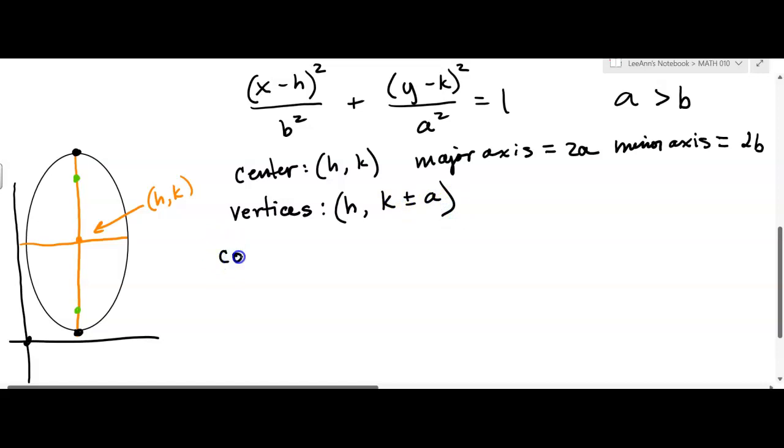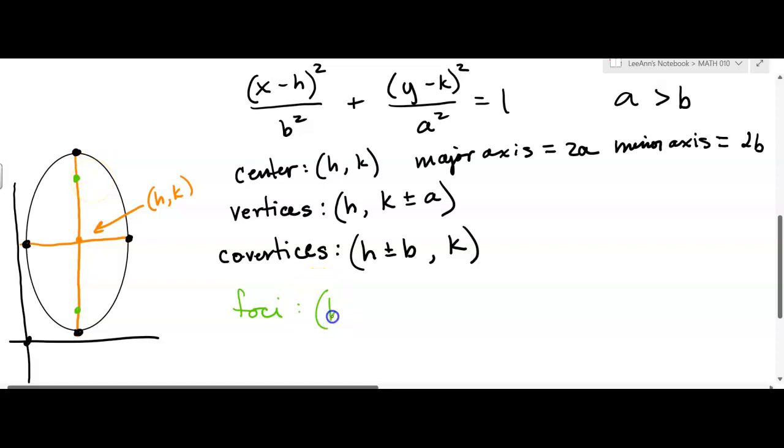The co-vertices, they're going to be here and here. So they're going to be h plus or minus b, comma, k. And then the foci, now the foci are going to be on that major axis, right?